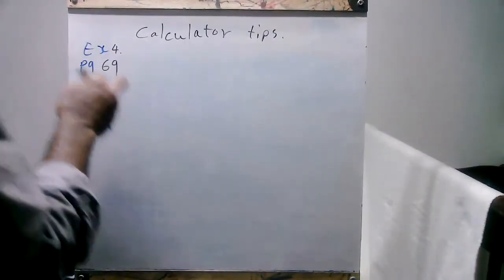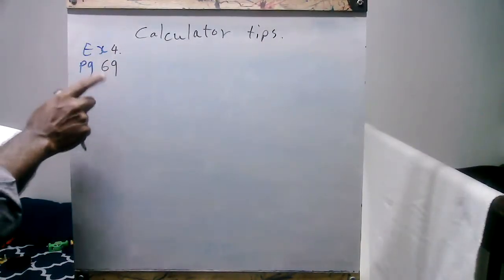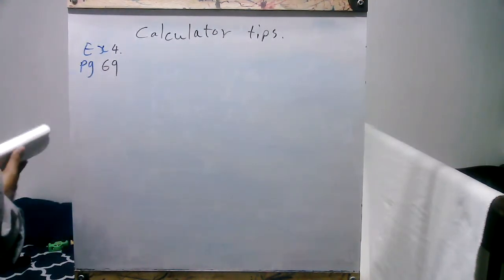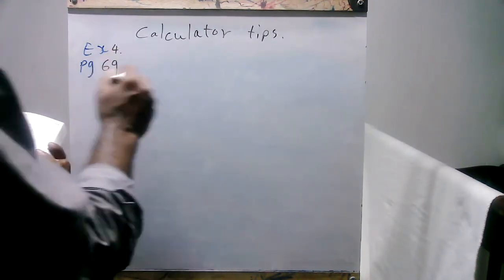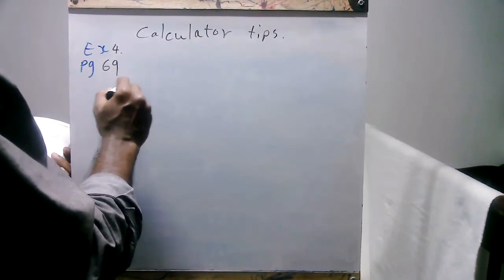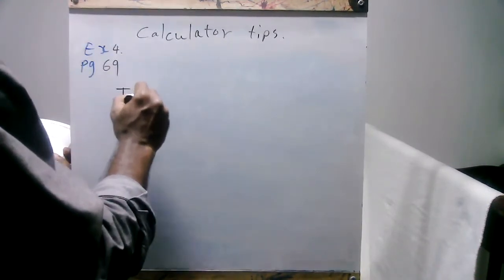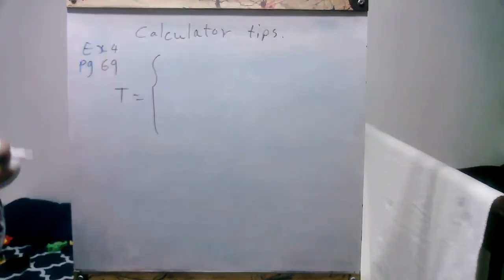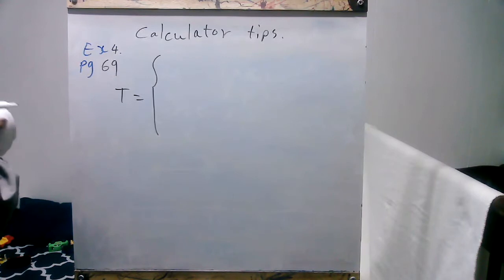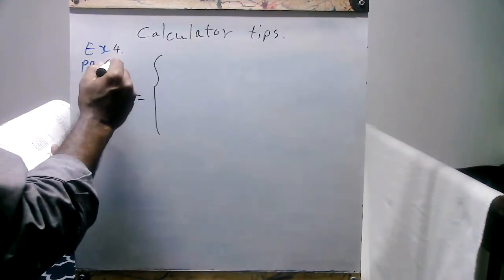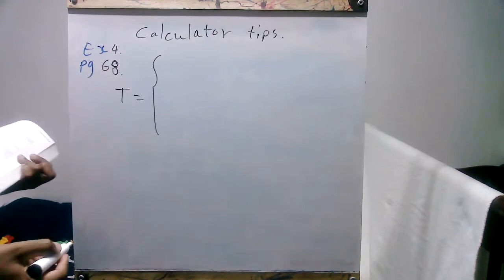For that I use example 4 on page 69. So the tax function is given by this, using the table they give you on page 68. In fact, this example is on page 68.